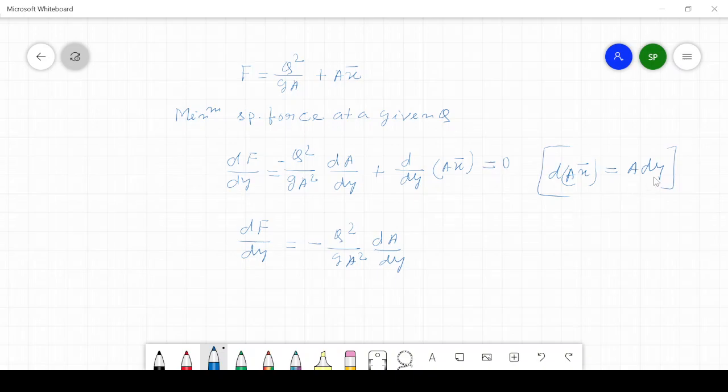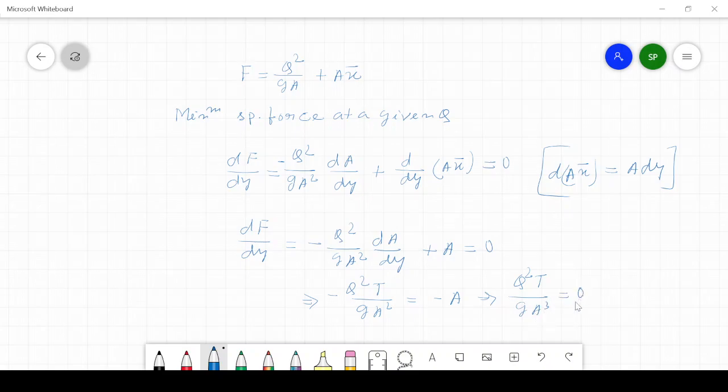If you take d/dy of A dy, you will get A. So Q square dA by dy is equal to T, gA square is equal to minus A. So ultimately you will get Q square T by gA cube equal to 1.